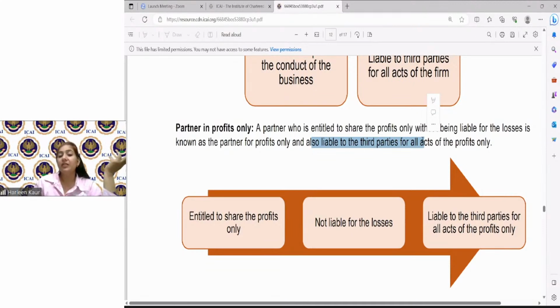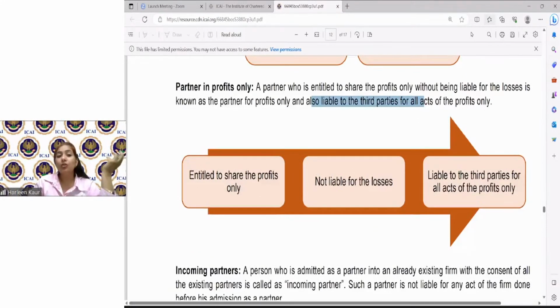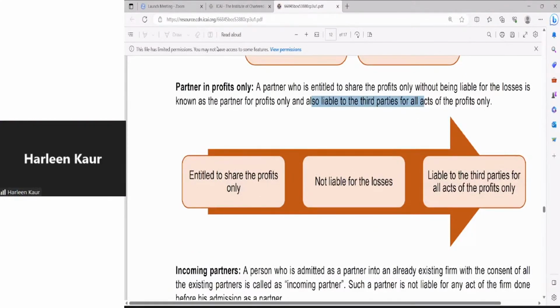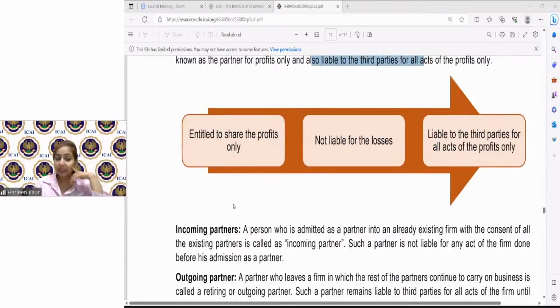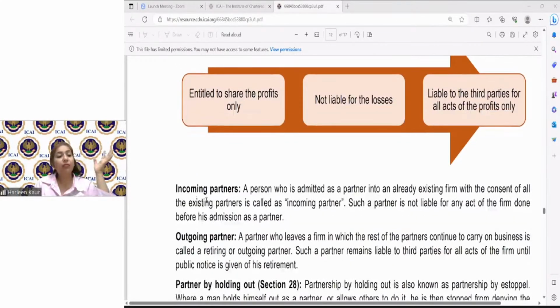So a partner in profits is not liable for losses. Similarly, he is not required to contribute toward the liabilities for the losses. He's only entitled to share the profits of the business. Is that clear? Partner in profits is also clear.